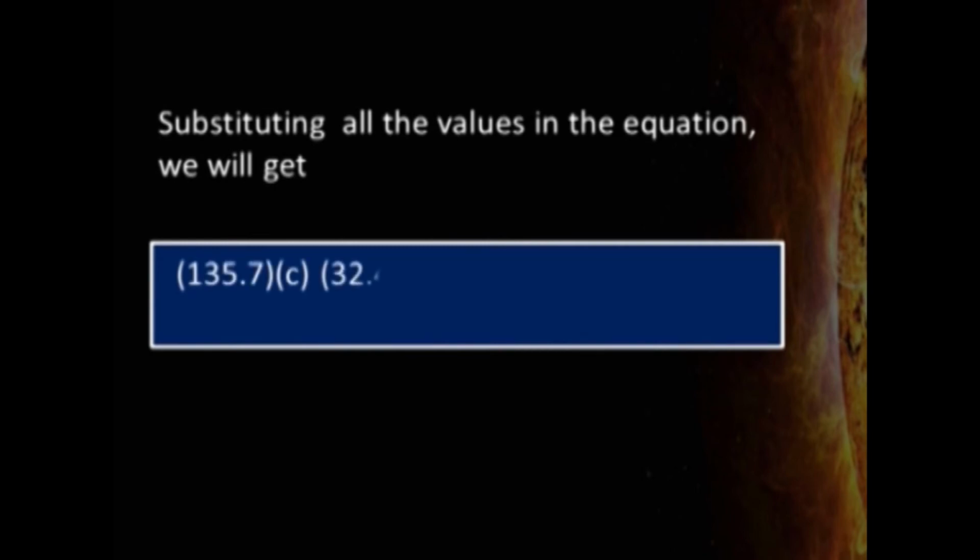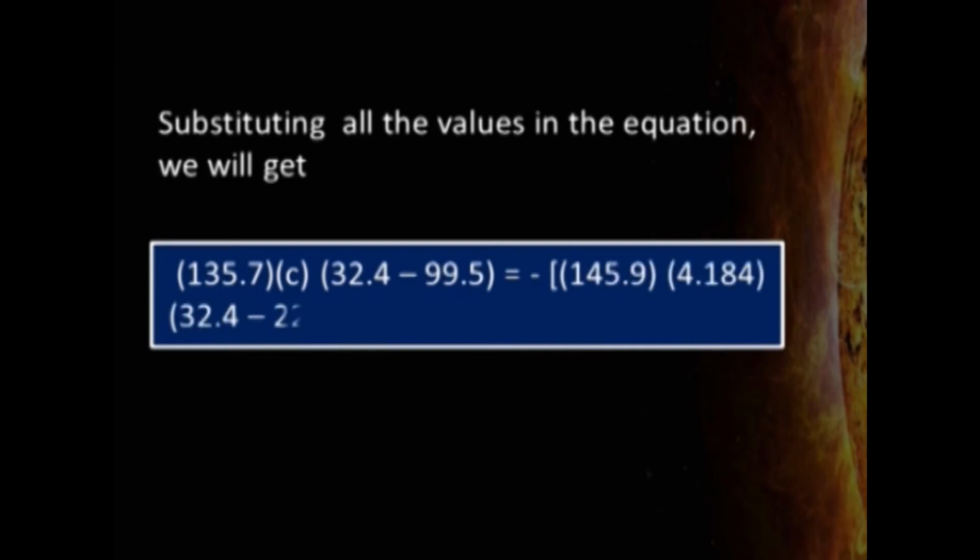135.7 grams multiplied by specific heat capacity of the metal multiplied by delta T for the metal, which is equal to 32.4 minus 99.5 equal to minus 145.9 multiplied by 4.184 multiplied by 32.4 minus 22.2 plus 2 into 10 to the power 2 multiplied by 32.4 minus 22.2.